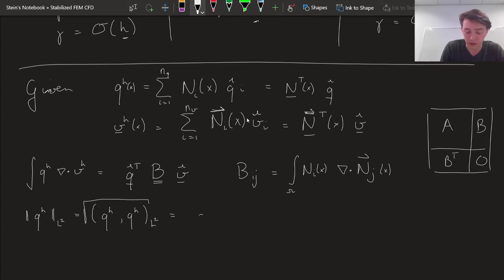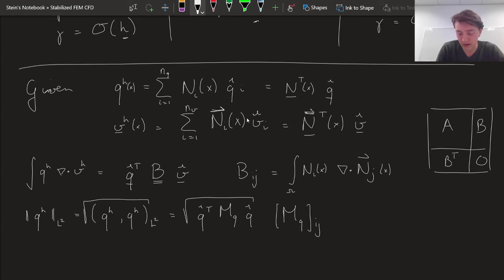So this is going to be equal to q hat transpose times the mass matrix, and let me also write the subscript Q here, times q hat, and well then again the square root, where M^Q_ij is defined as the integral of just the two shape functions of q. Now, sorry, j, i.